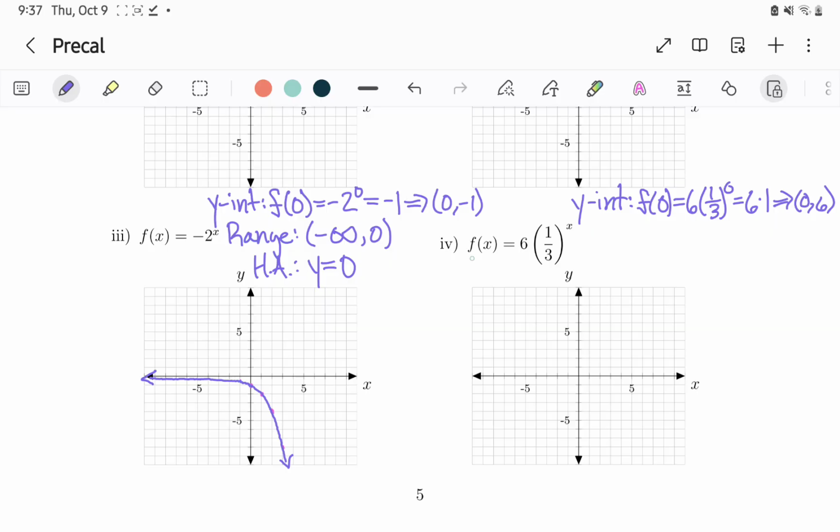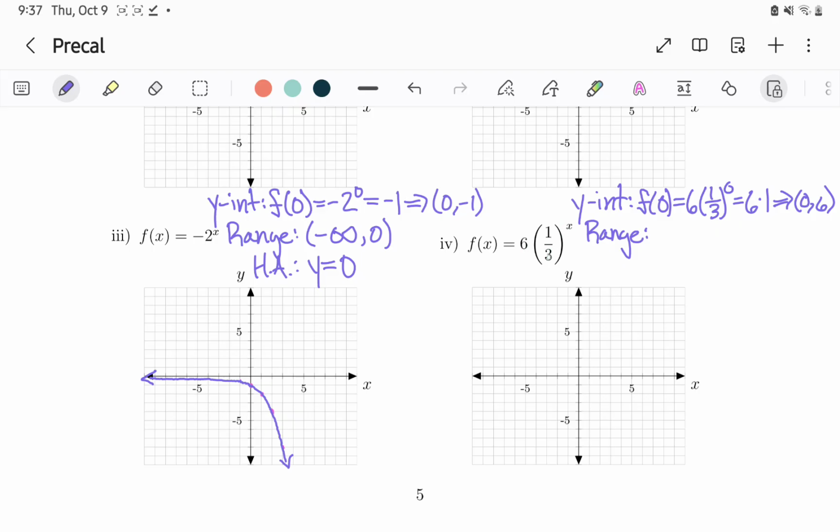Okay. And then the domain is still all real numbers. The range, so when x gets very, very small here, 1/3 to the x is actually going to blow up to infinity. So when x is equal to -1, we will have 1/3 to the -1, which is the same as 3.